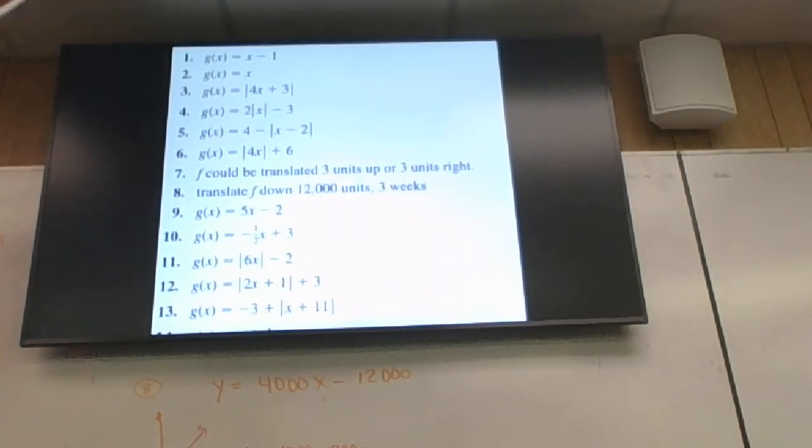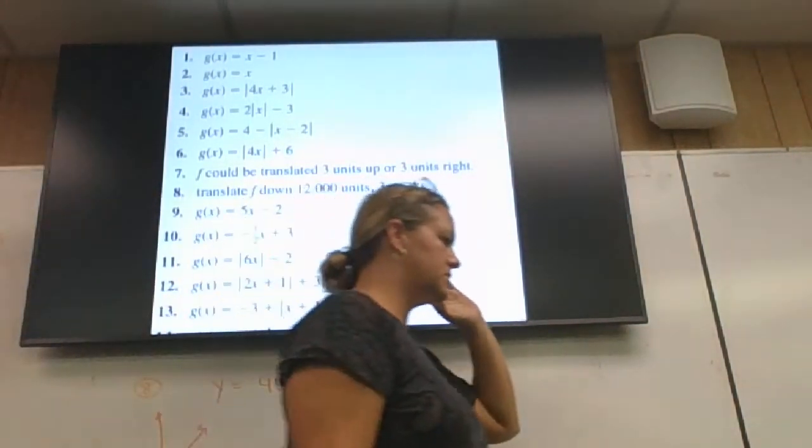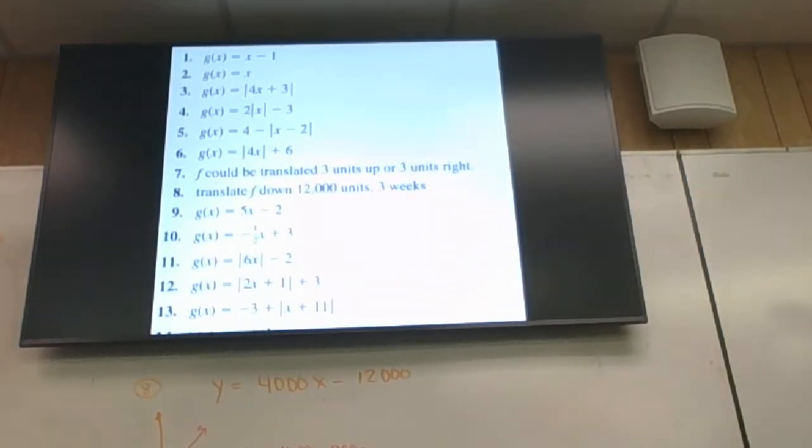Okay, the other thing I wanted to go over was 11, 12, and 13, particularly number 12. I think the problem is presented this way. And I want you to know that anytime you're asked to reflect across y, you just change x, only x, not the entire equation.